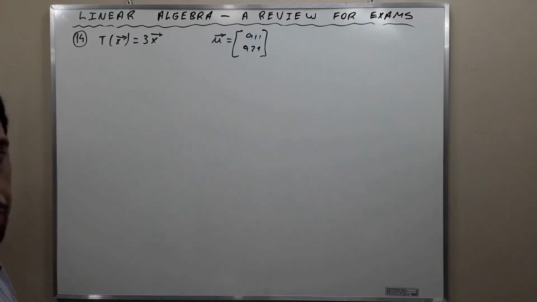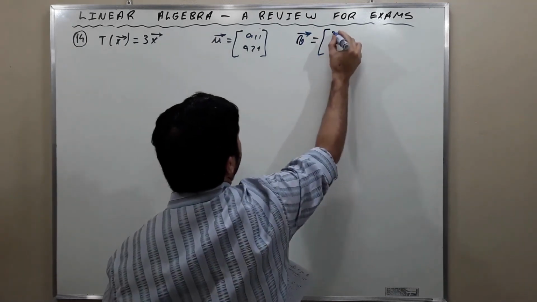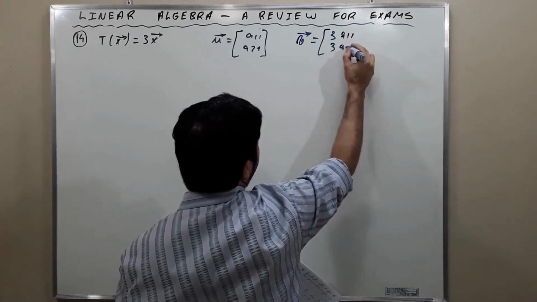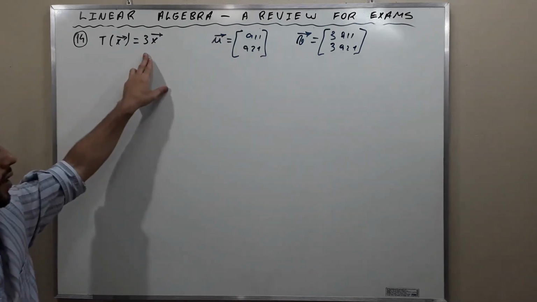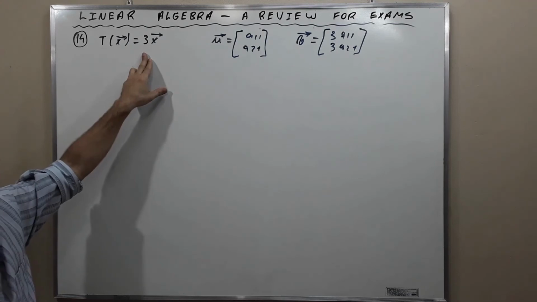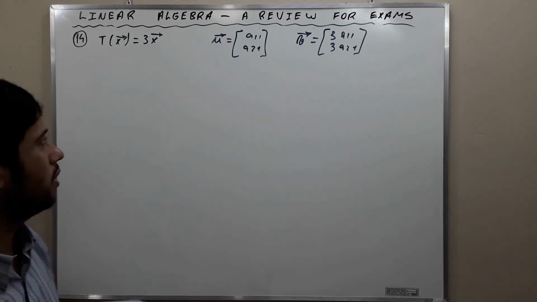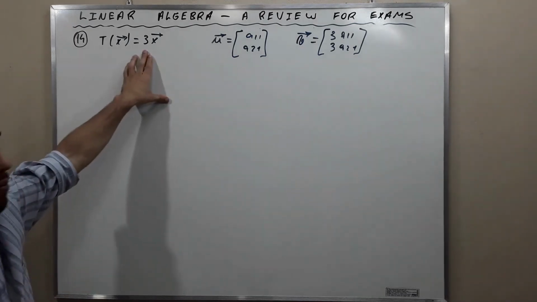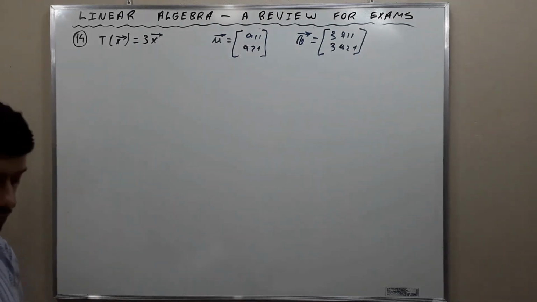The output needs to be vector v equal to (3 a11, 3 a21), because this is the idea behind the transformation here. The transformation is going to extend the vector, to cause a dilatation to the vector. In other words, it's going to scale the vector by the factor of 3. This is what the transformation needs to do.